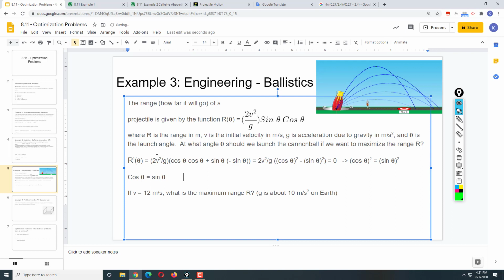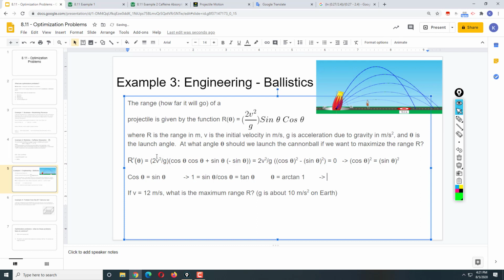At what angle is cosine equal to sine? If you're not sure, we can still calculate it this way. Divide both sides by cosine, and we get 1 equals sine theta divided by cosine theta. Of course, sine theta over cosine theta is just tangent theta. If tangent theta is 1, that means that theta equals arctan, the inverse tangent of 1.